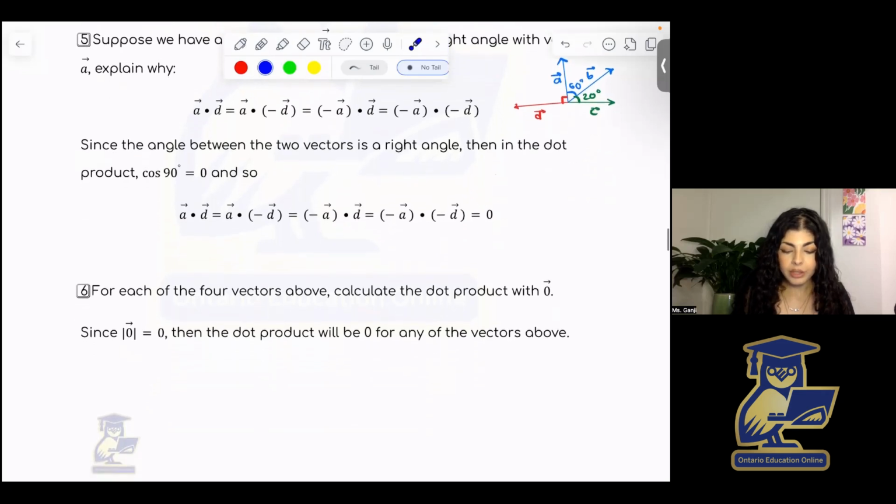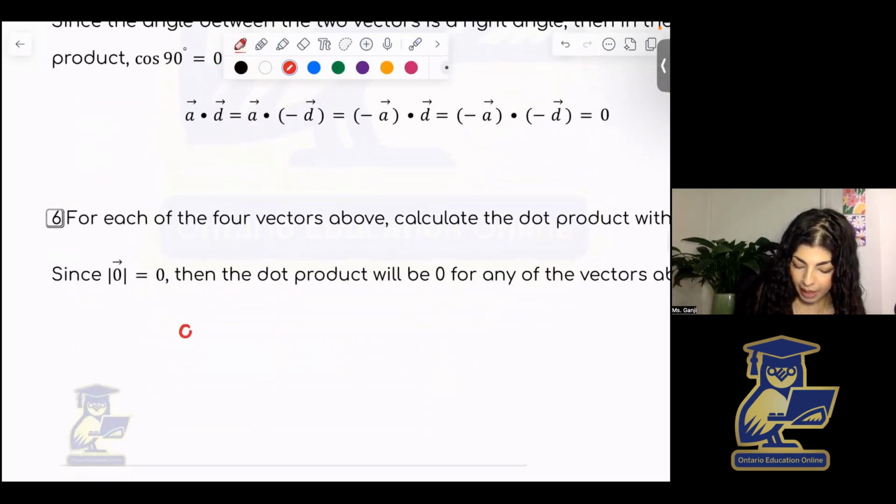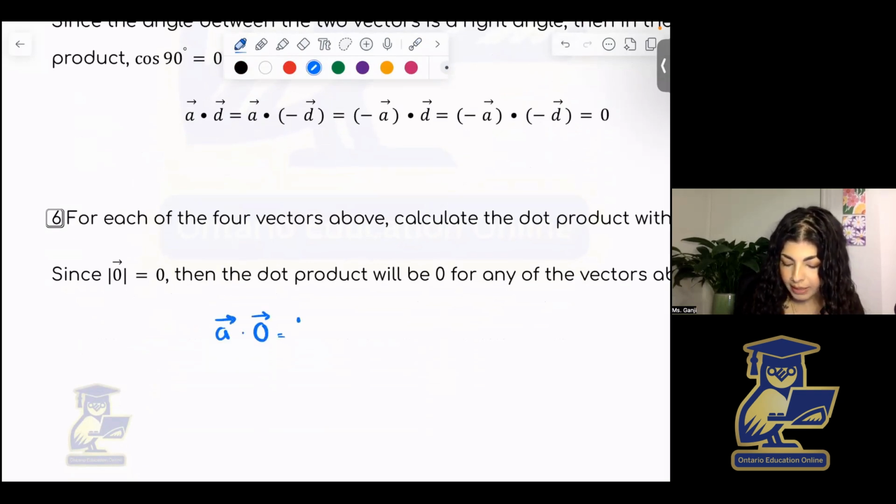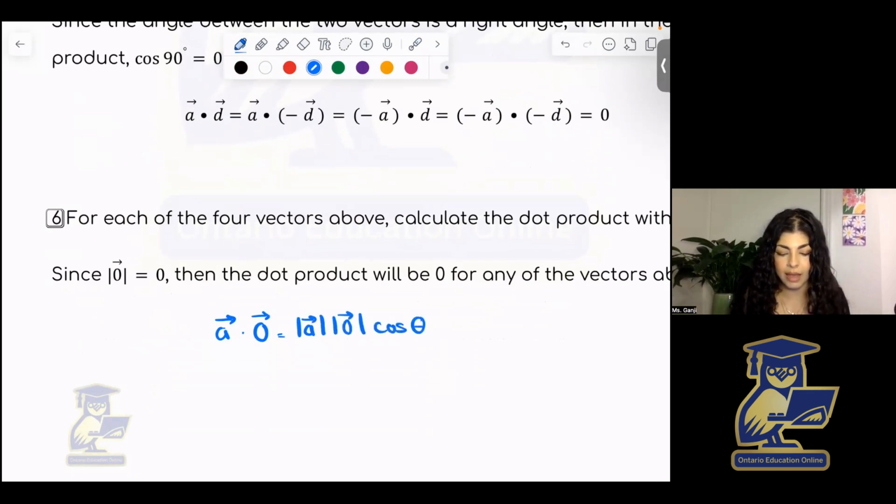Now, for the vectors above, you're asked to calculate the dot product with 0. So it's actually not as complicated as you might think because the magnitude of the 0 vector is just 0. So in this case, any vector you choose, for example, let's say we did A dot product with the 0 vector, then this is the magnitude of A, the magnitude of 0, and the cosine of theta, which is the angle between them.